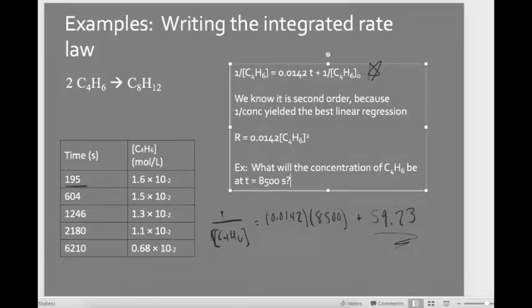Okay, and now all I need to do is just manipulate this, and I get a value of 5.55 times 10 to the negative 3 molarity. So does that answer make sense? It does, because it's less than this. All right, excellent.